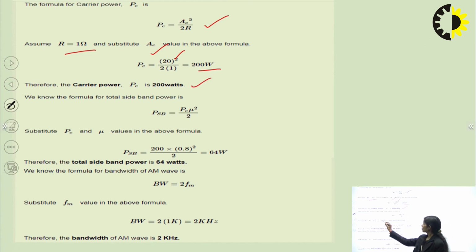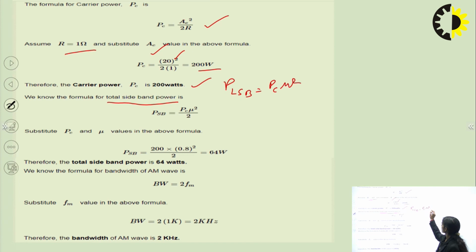Now I have to calculate the total sideband power, but I know the single sideband power, the LSB power, is given by the formula PC mu square divided by 4. This is equal to the upper sideband power also. So if the total sideband power needs to be calculated, these two will be added, or it can be 2 times.